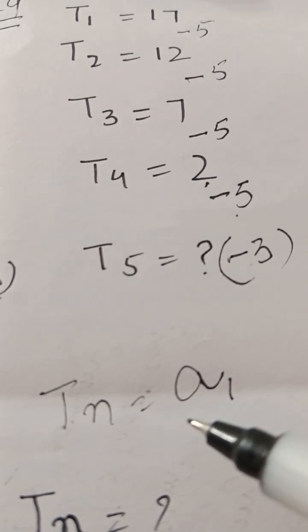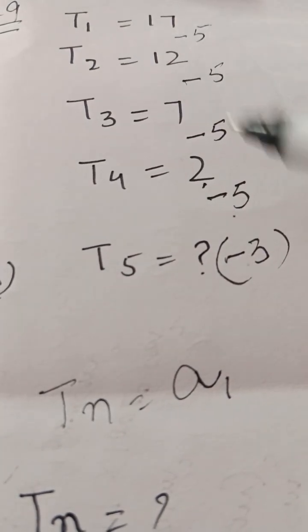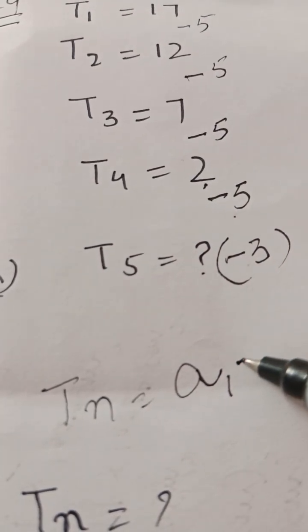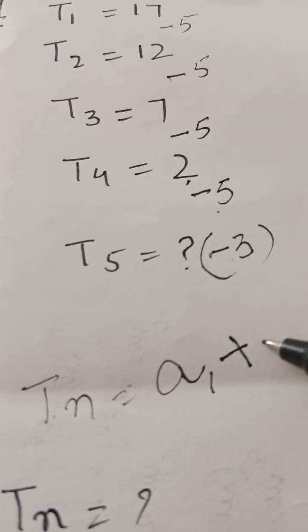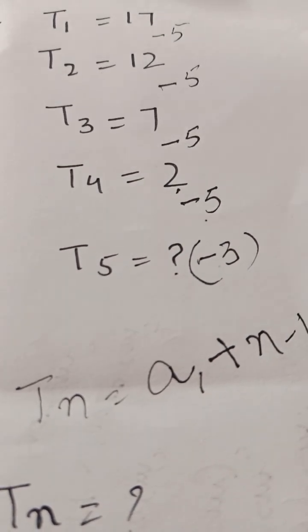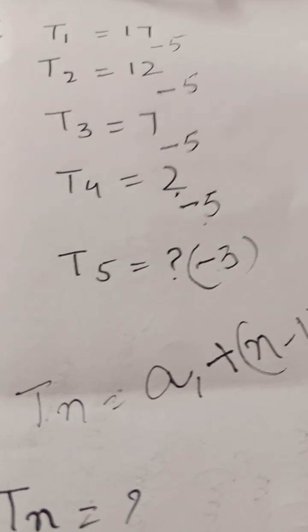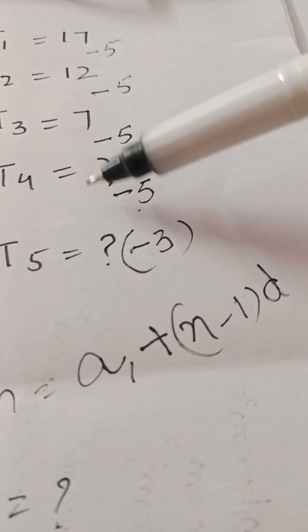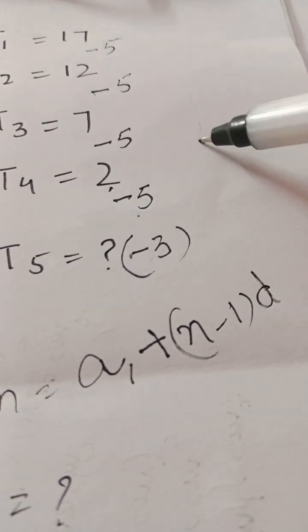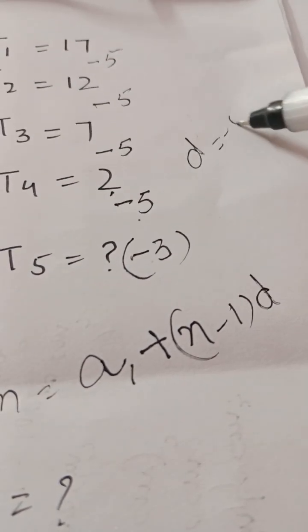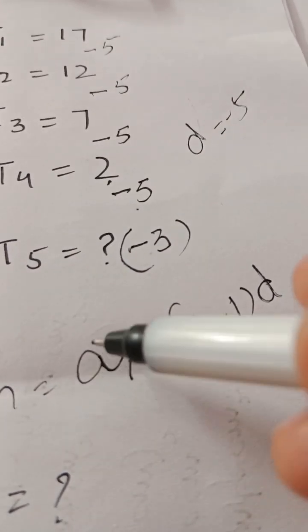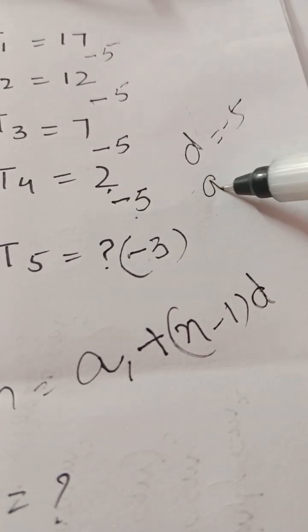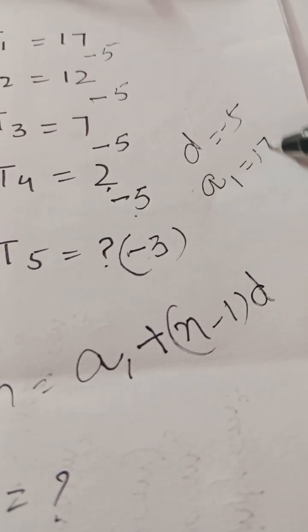A1 is showing here first term, that is 17, plus n minus 1 d. D is here the common difference between all terms, that is minus 5. So D is here minus 5 and A1 is here 17. A1 is the first term.